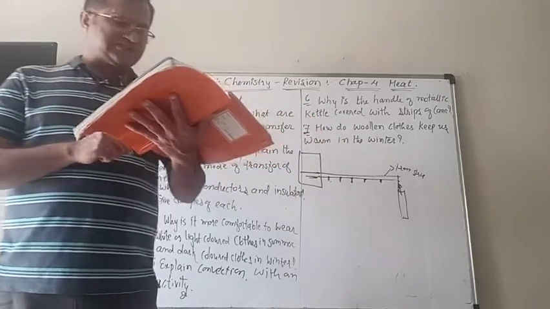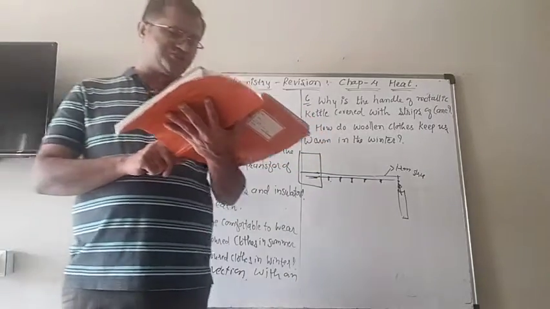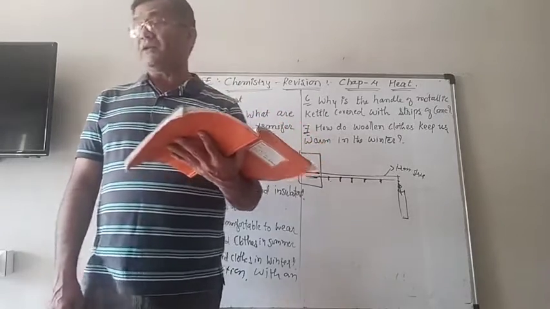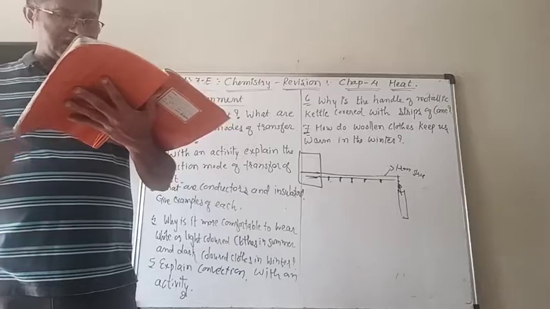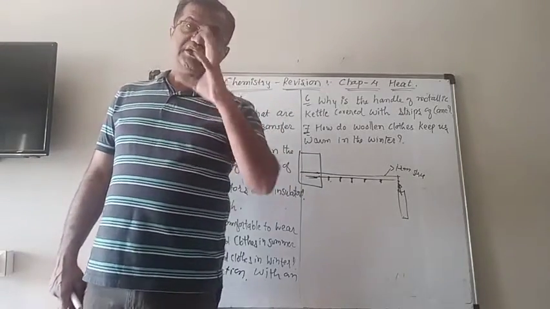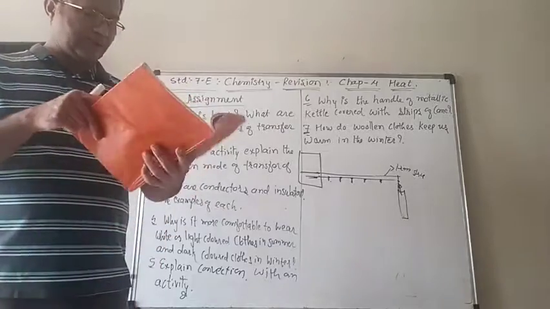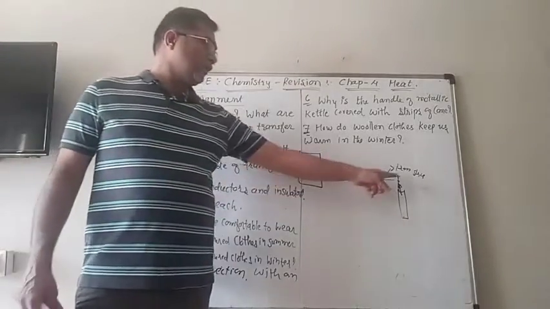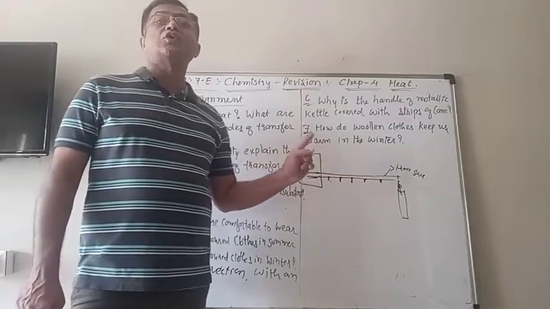So the process by which heat is transferred from the hotter end to the colder end of an object is known as conduction. So what is conduction? The process by which heat is transferred from the hotter end to the colder end.